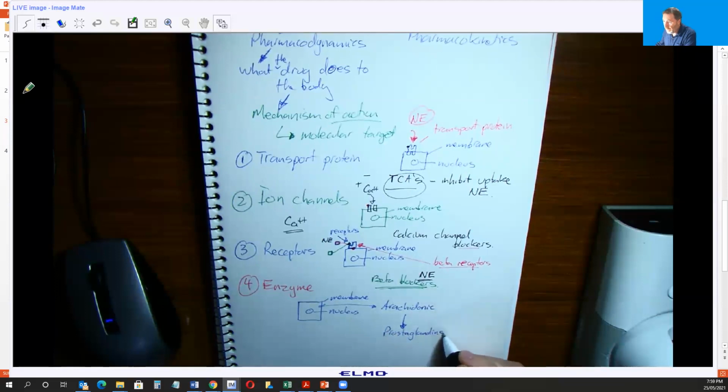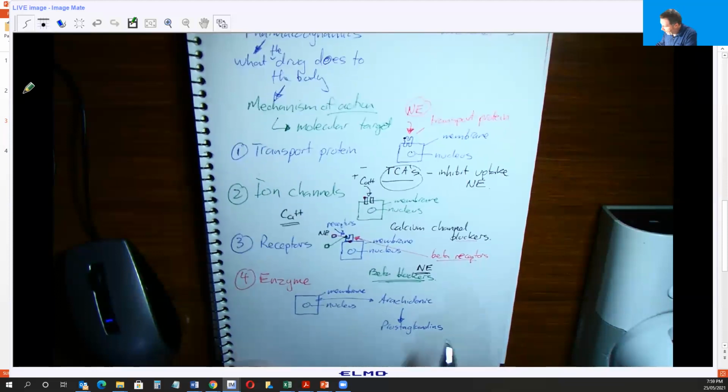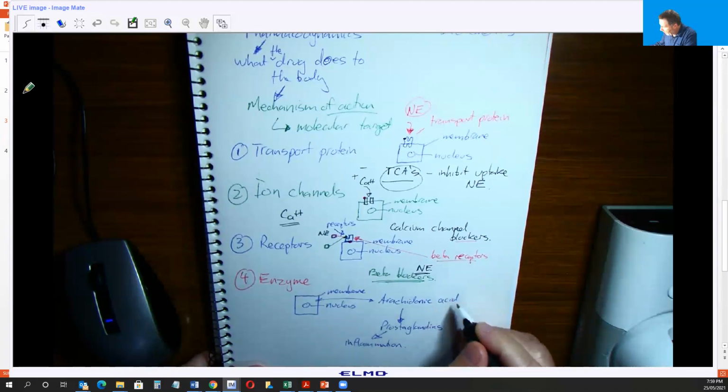And prostaglandins can actually cause inflammation in the body. So when a cell membrane becomes damaged and releases arachidonic acid, that arachidonic acid is converted into prostaglandins, and that leads to inflammation in the body, which is redness and swelling in the area that has become damaged.